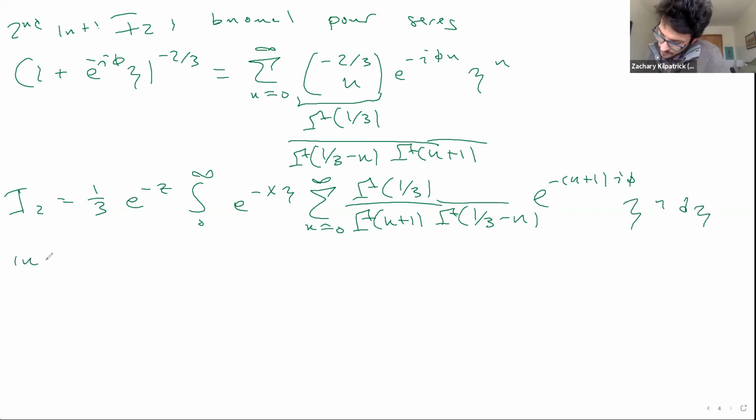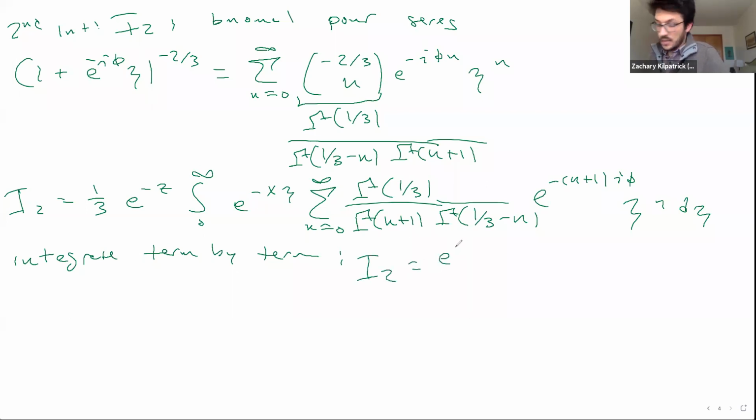If you integrate term by term, you can get I2, which is e to the minus z over 3, now the sum from n equals 0 up to infinity.